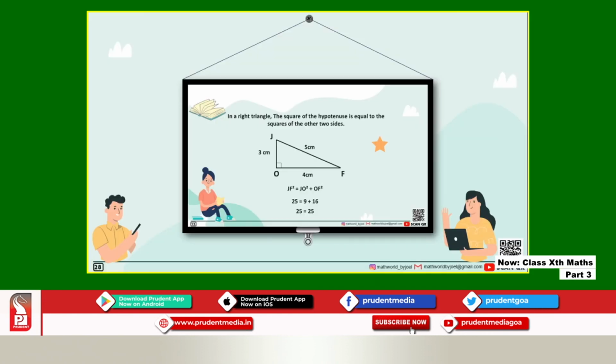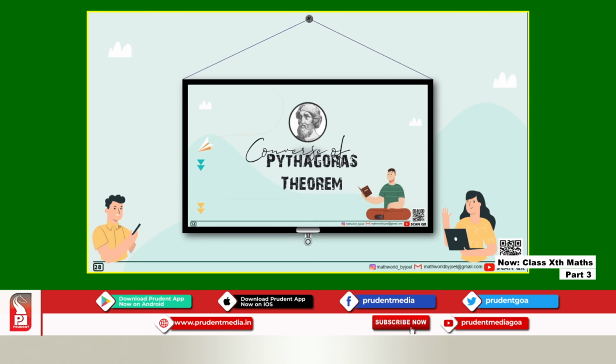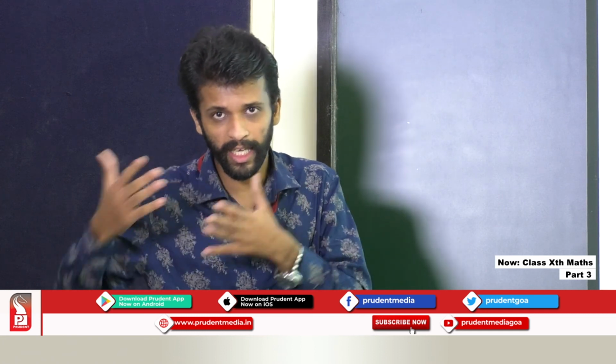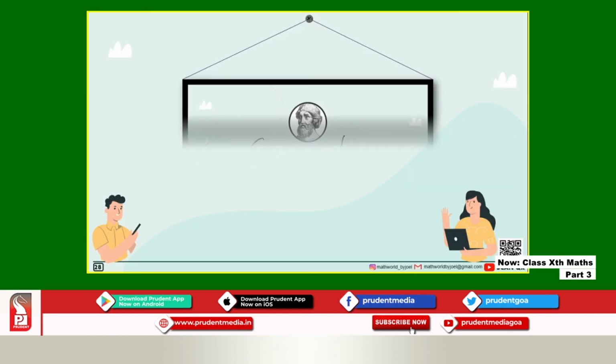I told you how to locate the hypotenuse as well. We learned the converse of the Pythagoras theorem, where if the condition of the Pythagoras theorem, the square of the hypotenuse equal to the sum of the squares of the other two sides, holds, then automatically the angle becomes a right angle.